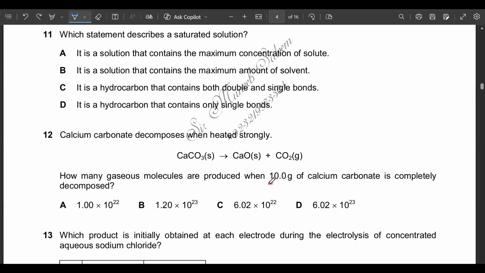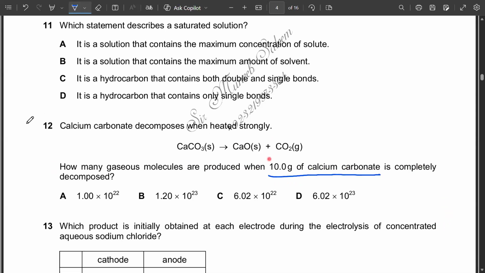First of all, convert this much mass of calcium carbonate into moles. We know moles is calculated by the formula mass over Mr. So the number of moles of CaCO3 is equal to its mass divided by its Mr. The mass is already given, which is 10 gram, but we need Mr. So the Mr of calcium carbonate is determined from the periodic table.